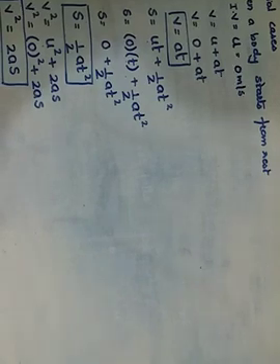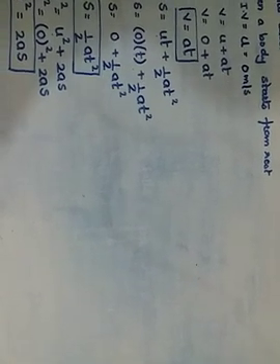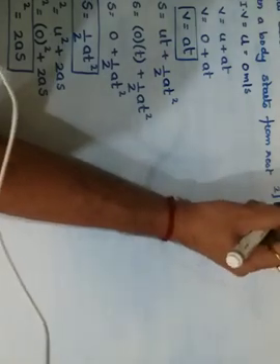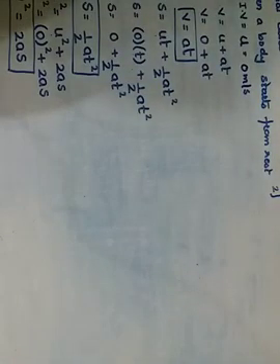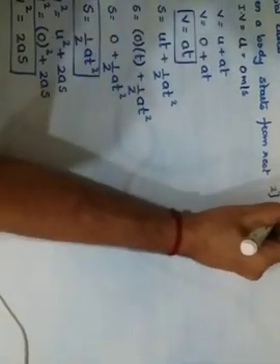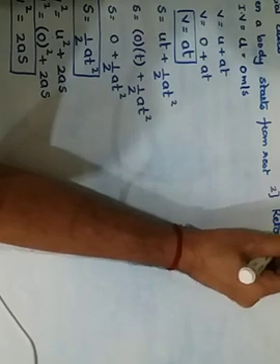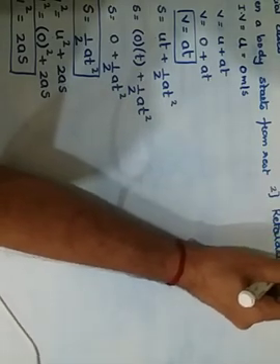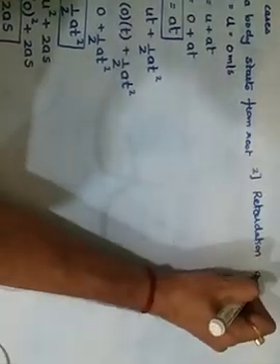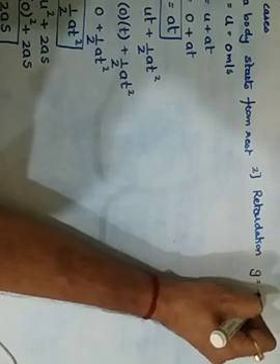Now the second special case. What is the second special case? The second special case is if the body is moving with uniform retardation, where a is negative. When there is retardation, I told you the value of g is negative.